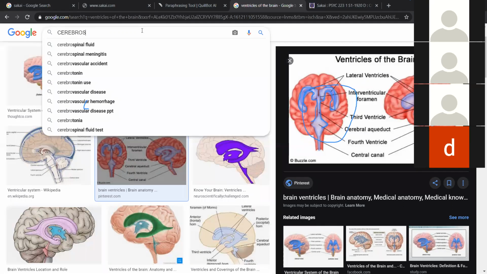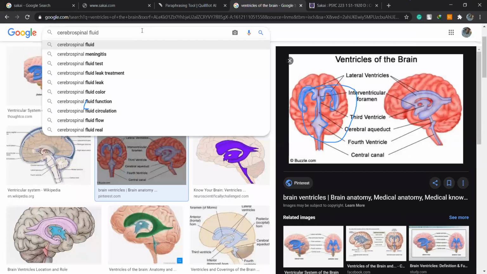Cerebrospinal fluid. I hope you can see the spelling. So that's what the ependymal cells produce. You know, I said ependymal cell is one of the glia cells, and the ependymal cells are responsible for producing this type of fluid, cerebrospinal fluid.